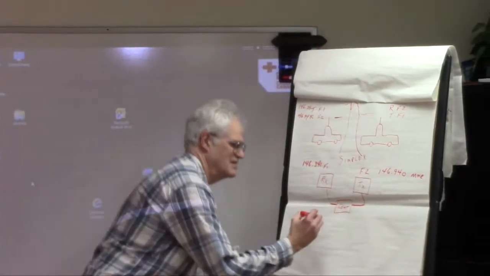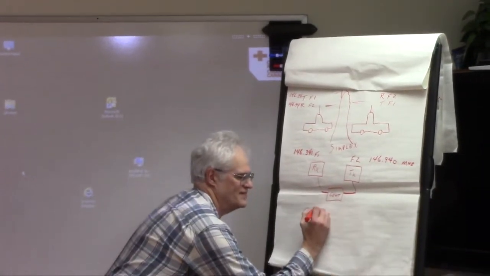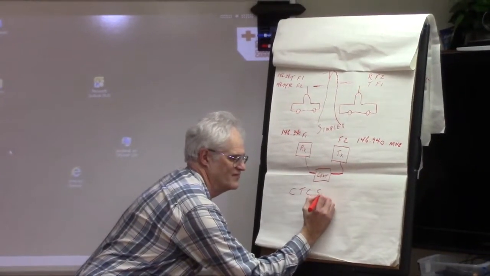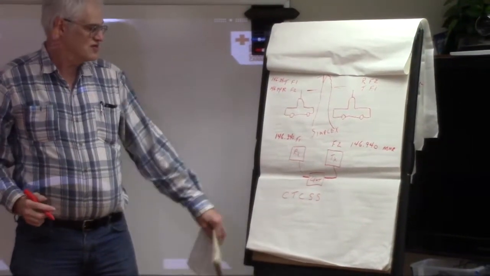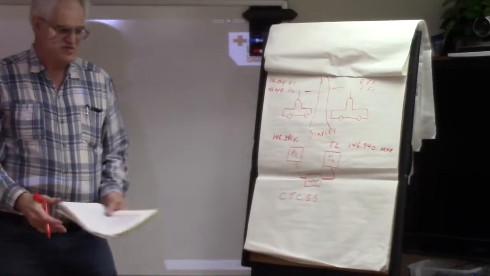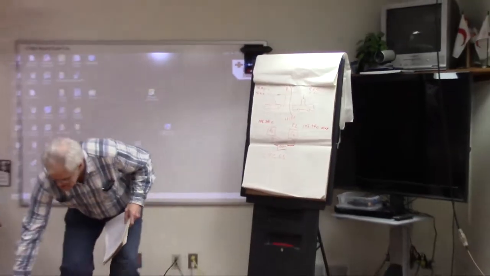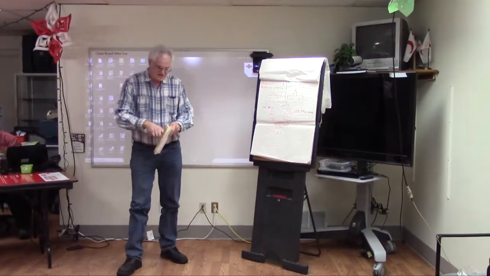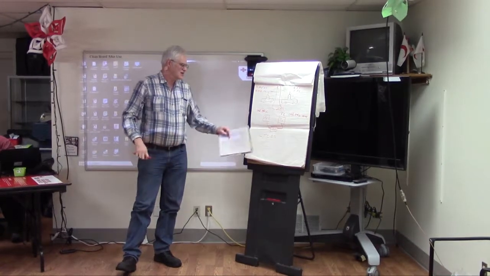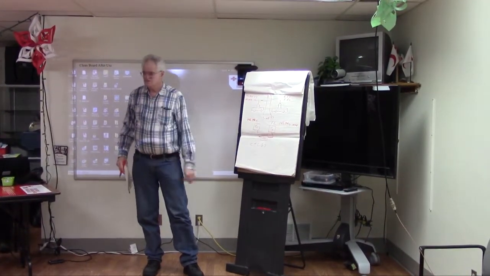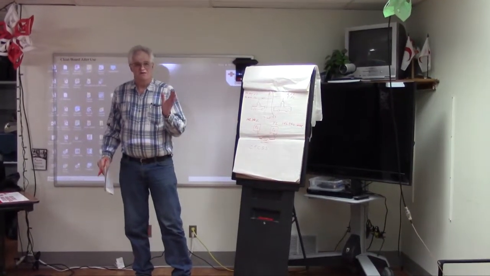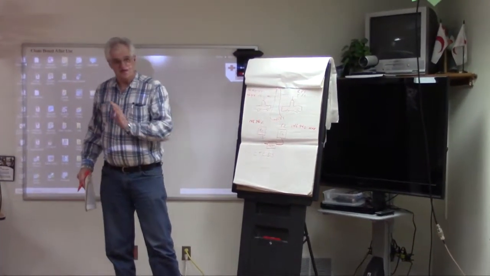We'll review it again. Most common term, continuous tone, continuous squelch system. We call it a subaudible tone. Audible range in the radio world, remember, was basically from 300 cycles to 3,000.